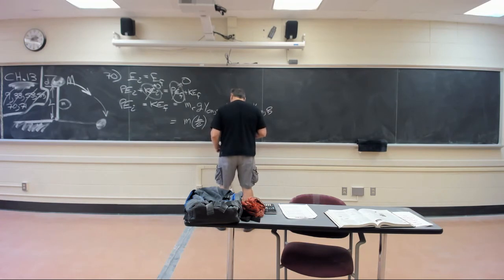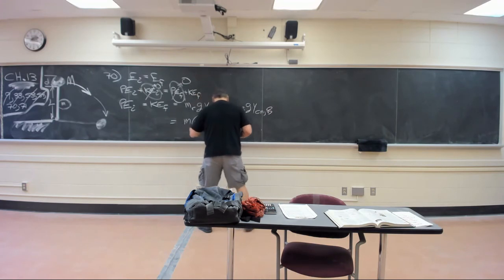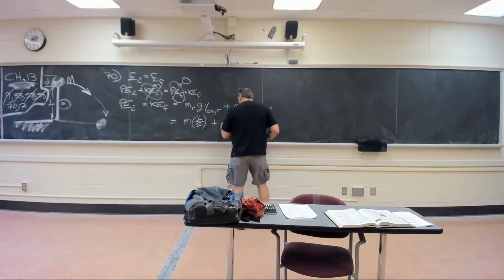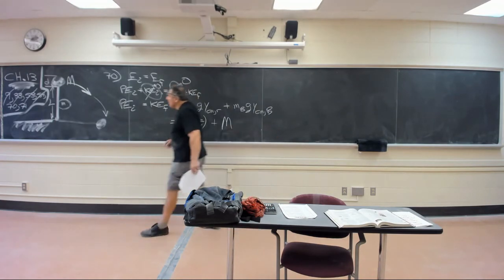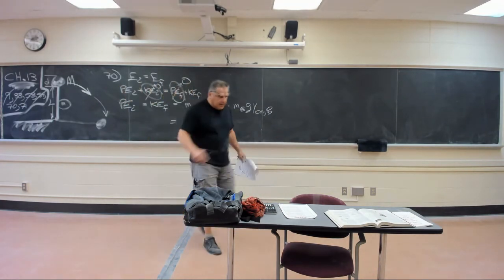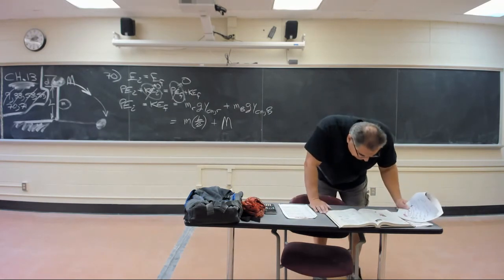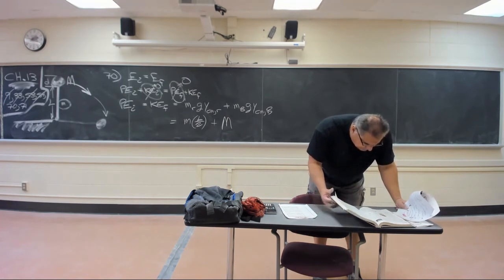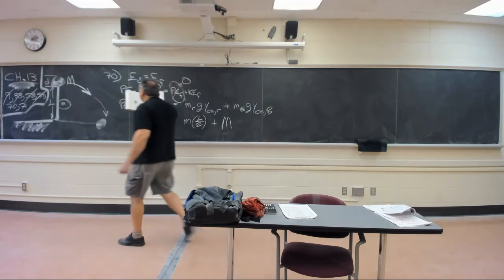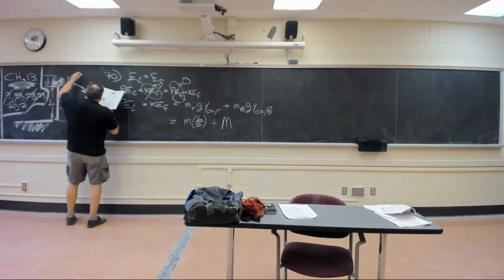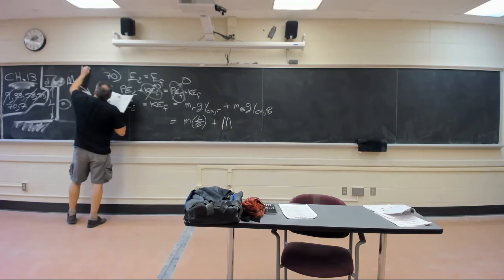The mass of the ball is capital M. Its center of mass, now I've got to be careful how they did this. The mass of the ball is 5 kilograms, so capital M is 5 kilograms.